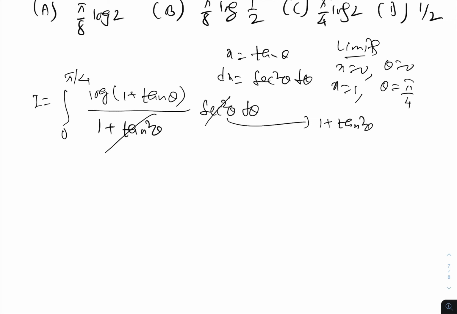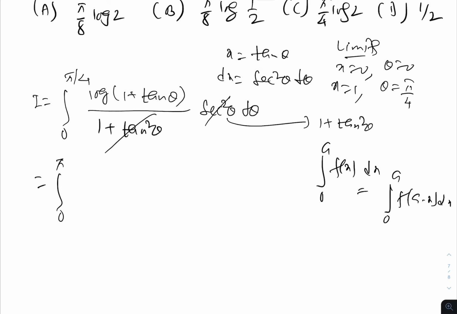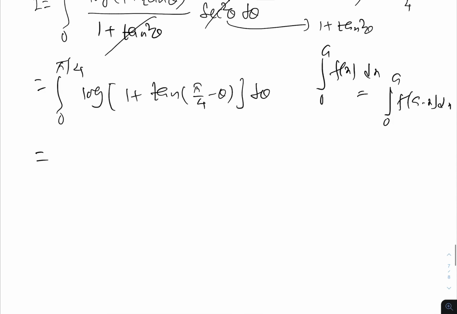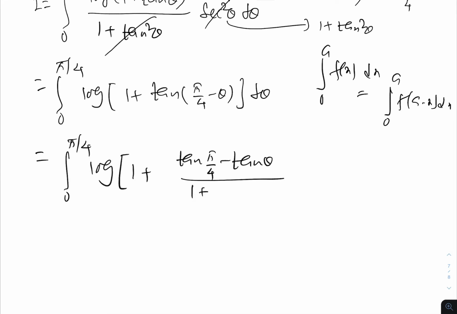And now here we are using that integration 0 to a f(x) dx equals integration 0 to a f(a minus x) dx. So that is integration 0 to pi by 4 log of 1 plus tan (pi by 4 minus theta). And so this is equal to integration 0 to pi by 4 log of 1 plus, now this is tan pi by 4 minus tan theta upon 1 plus tan pi by 4 tan theta.